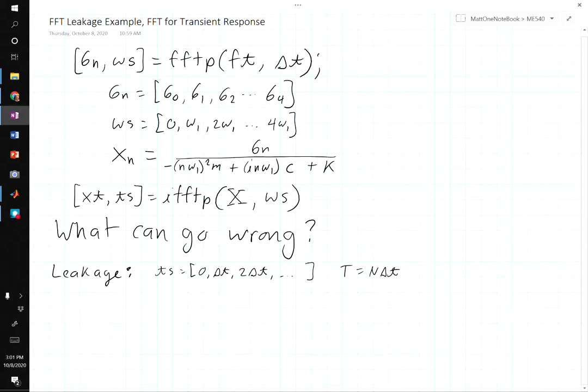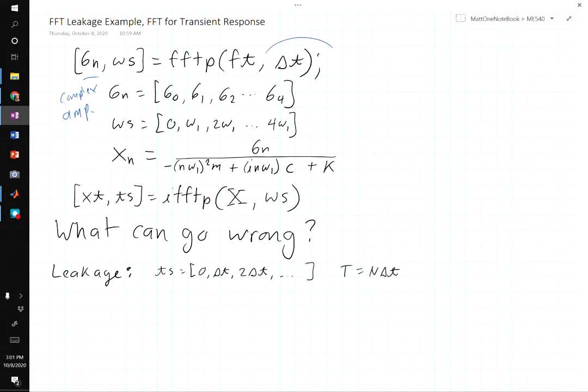Hello again. In our last lectures, we've learned about the FFT and what a powerful method that is for computing the steady-state response of both single and multi-degree of freedom systems. It's a simple process where we take, using the FFT for example, the forcing over one period, we're assuming it to be periodic, and we convert that into some complex amplitudes of all of the different harmonics that approximate that forcing.